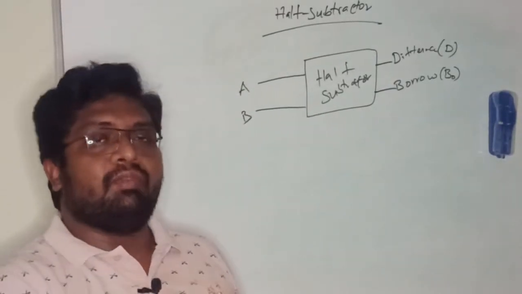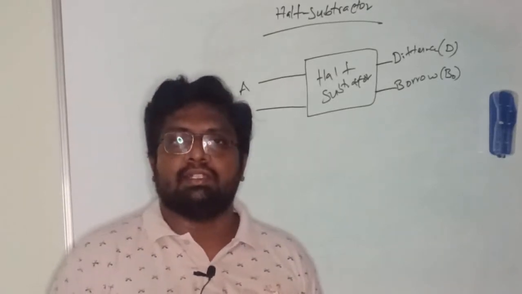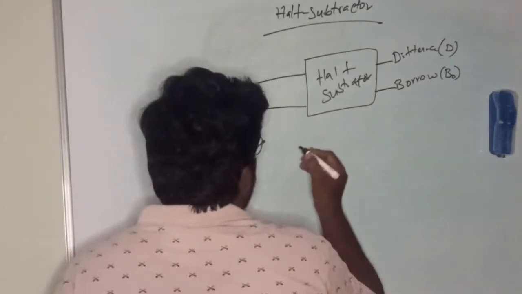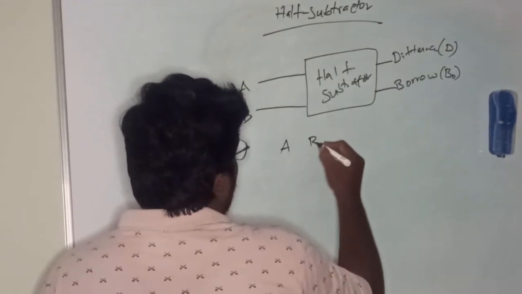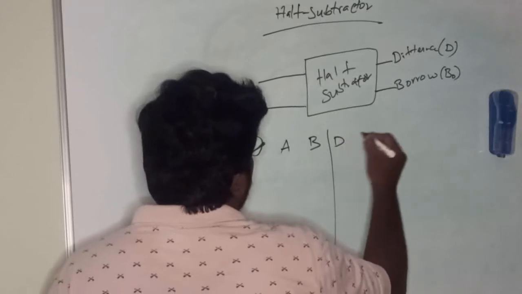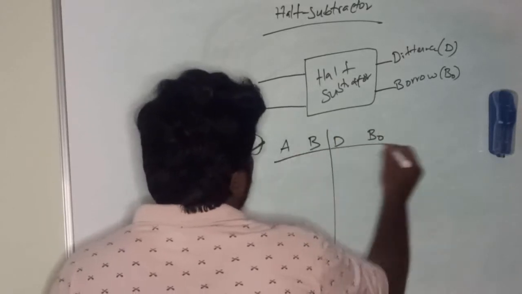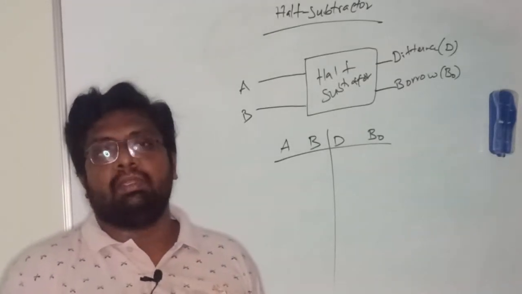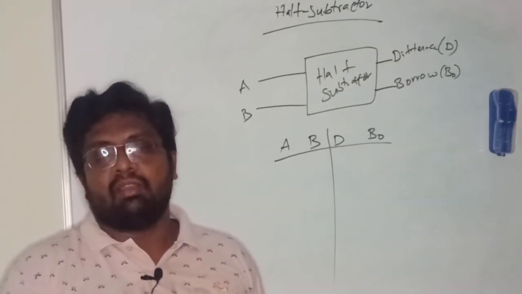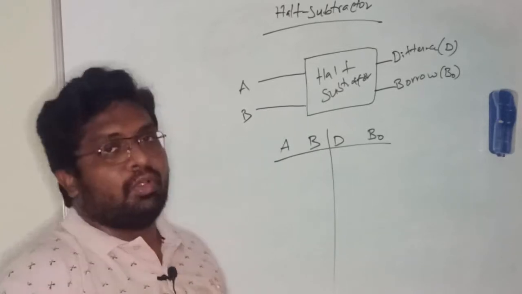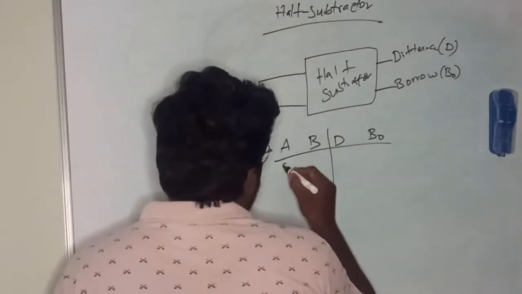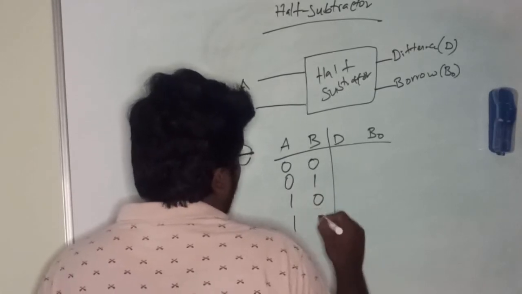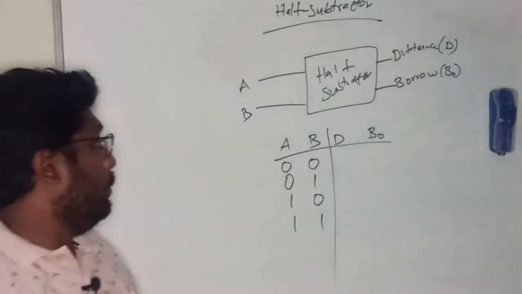The second step involved in designing the combinational logic circuit is the truth table, right? So let us draw the truth table for the given inputs. Here we have two inputs A and B. With two inputs, we have four possibilities: 0 0, 0 1, 1 0 and 1 1.